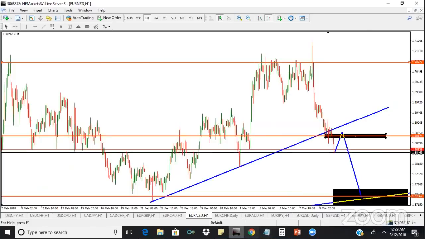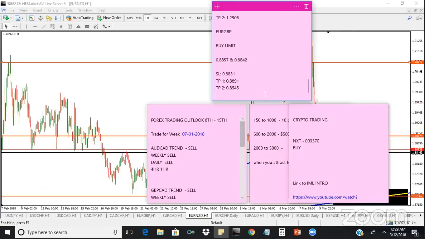So let's do Euro NZD. We're looking out for sell limits at 1.6887. Stop loss 1.6920.